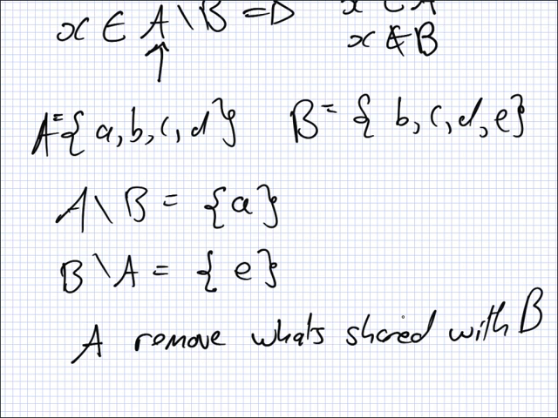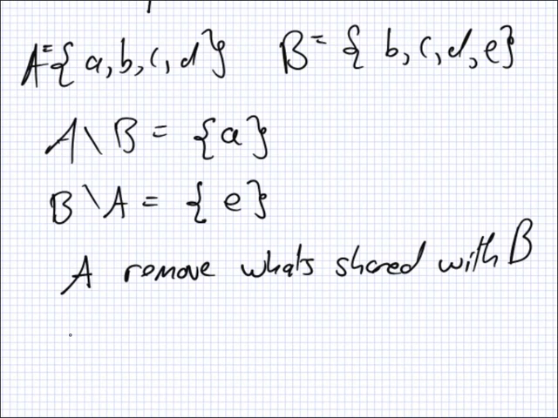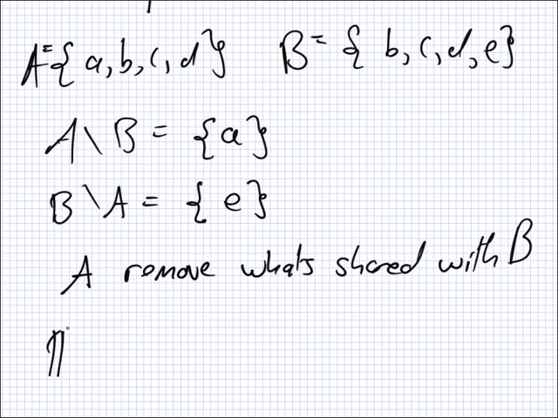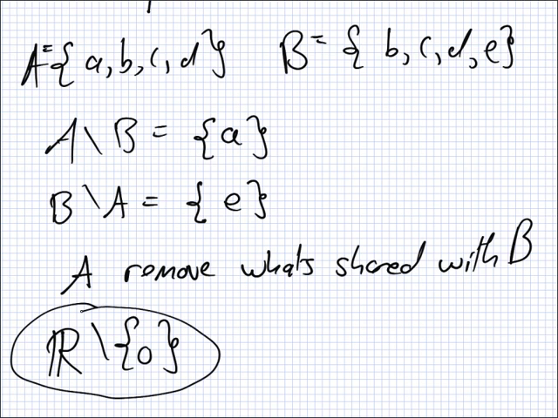Does that make sense for you? Yeah. Now you might have seen this before. I don't know if I remember showing you this. What does this mean? What's this mean? Yeah, so what's this set? All real numbers except 0. Because you start with the real numbers and you remove the 0.